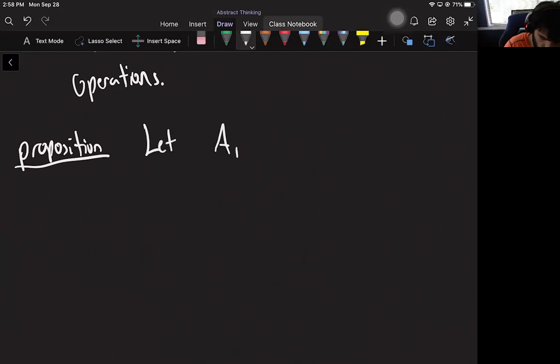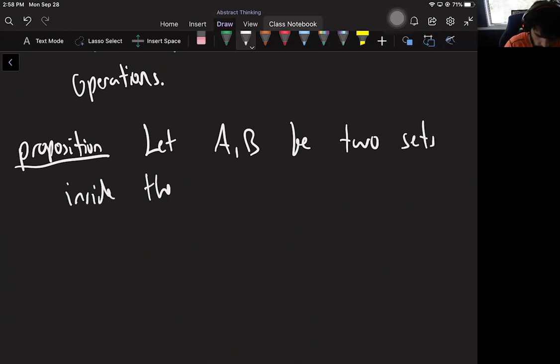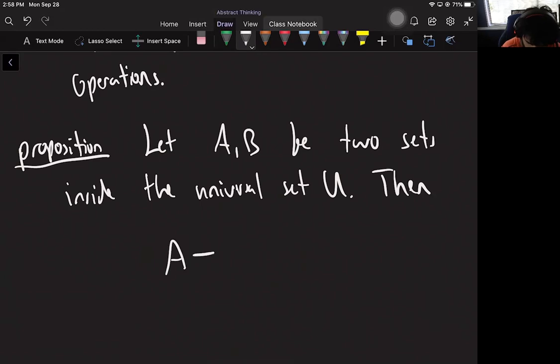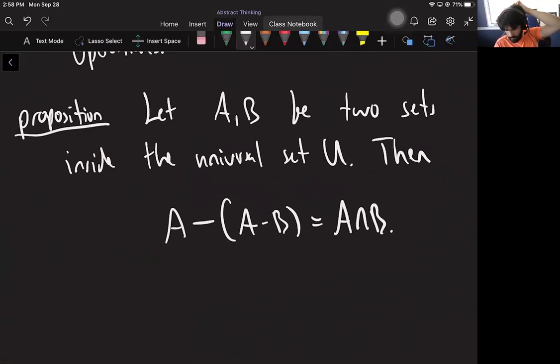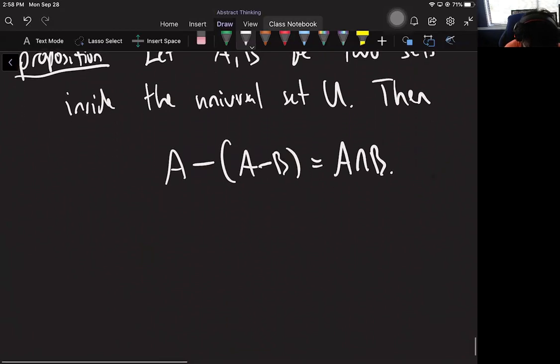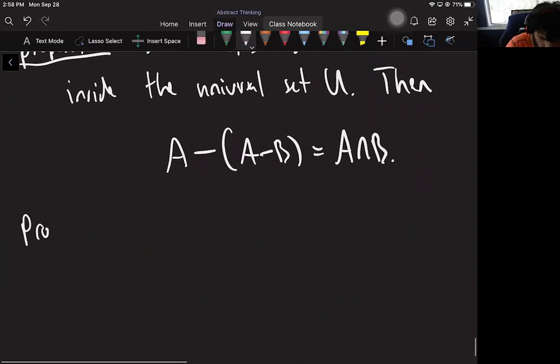Let A and B be two sets inside a universal set. Then you can do this. If you do A take away A minus B, that's just going to be A intersect B. Okay. So this just gives us a way to practice using the stuff we just learned about in terms of a proof.